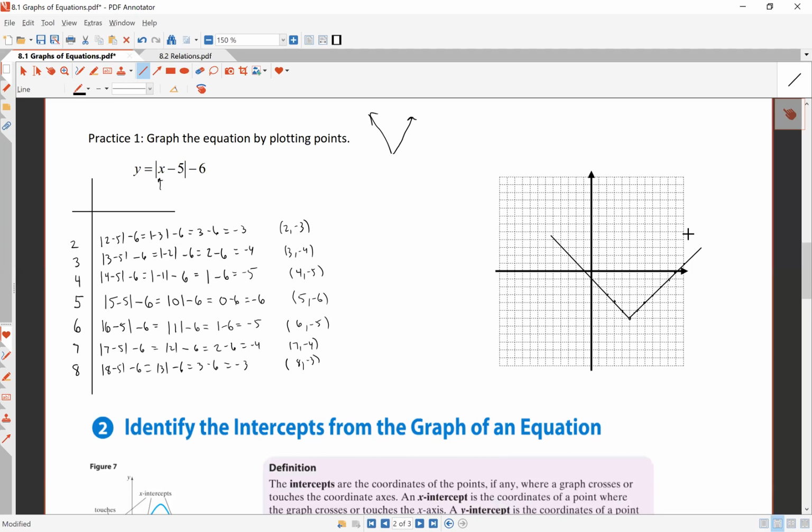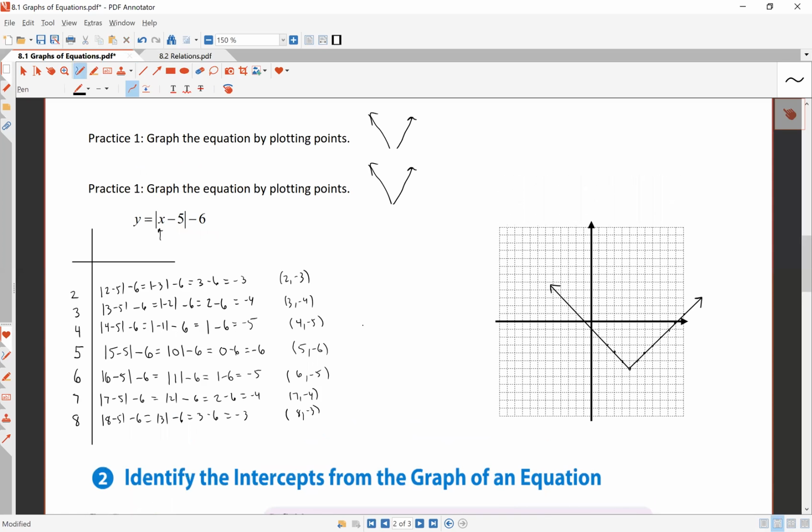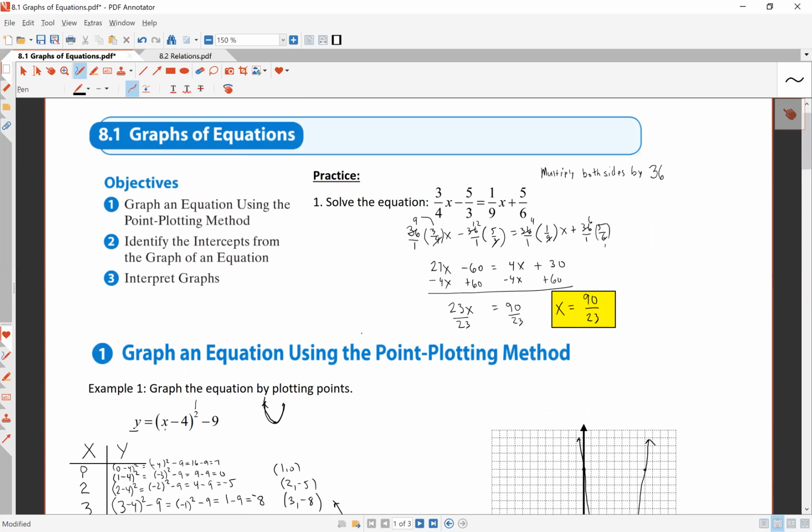And that's what the graph of the absolute value of x minus 5, minus 6 looks like. This concludes the video for Objective 1, graph an equation using the point plotting method for Section 8.1, Graphs of Equations.